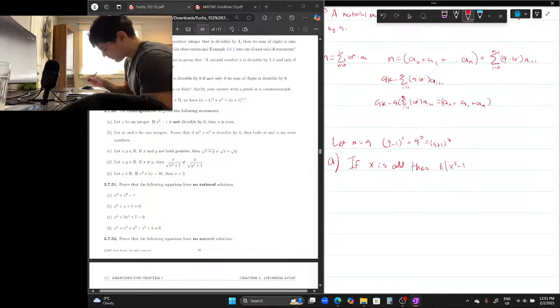Okay. So we have x is odd, so then x is equal to 2k plus 1. x squared is equal to 4k squared plus 4k plus 1, minus 1.